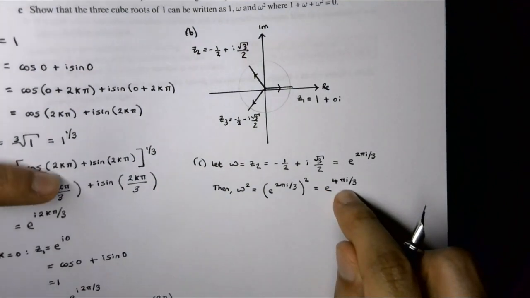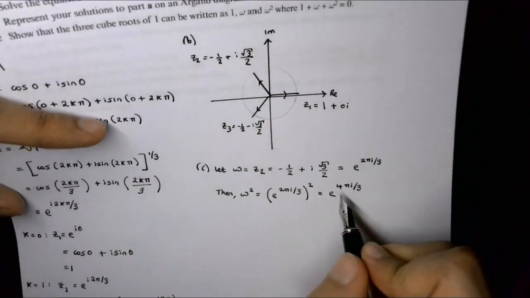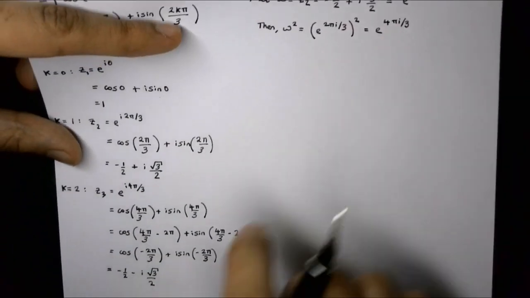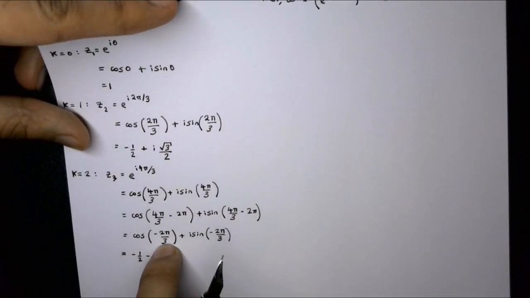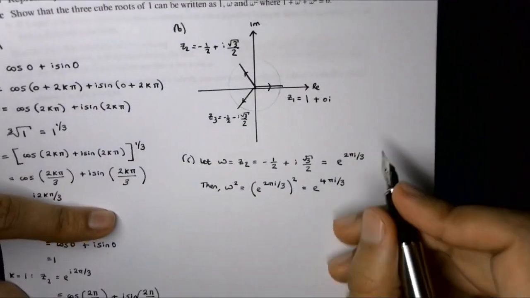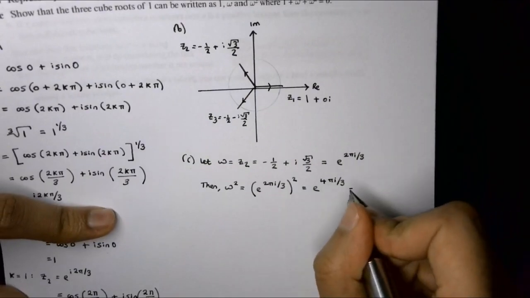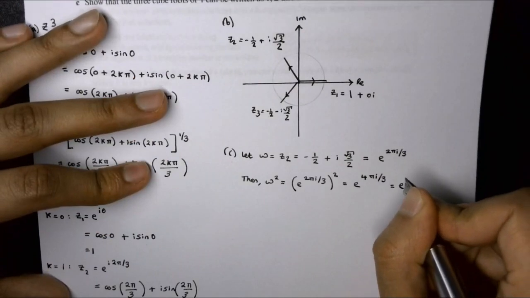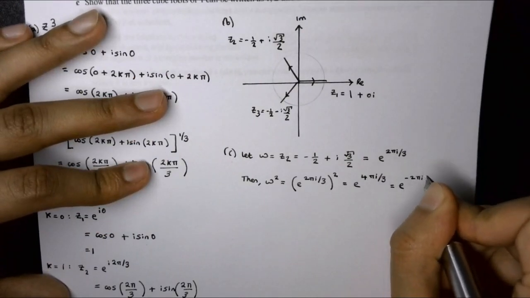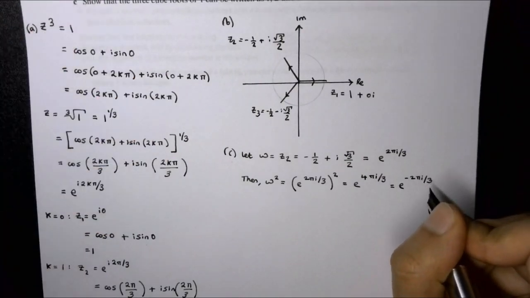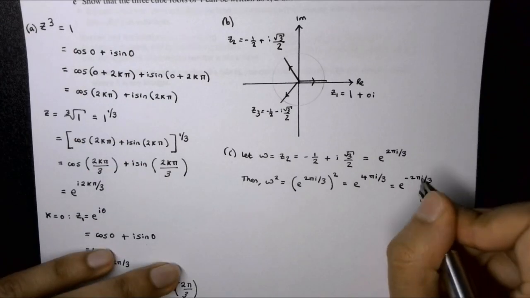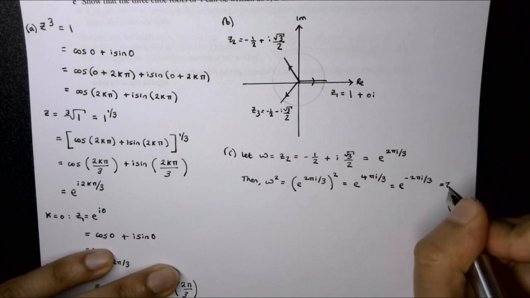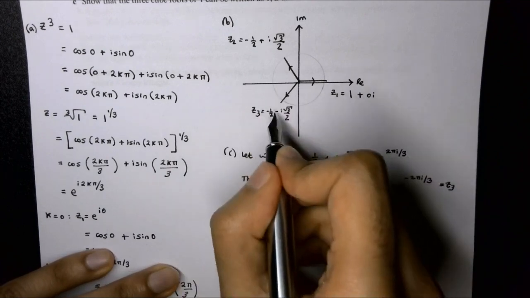And you can see over here, e to the 4 pi i over 3, the correct argument for that, as we saw over here, was minus 2 pi over 3. So this result is the same as e to the power of minus 2 pi i over 3. And hopefully what you'll notice is this is equal to Z3 over here.